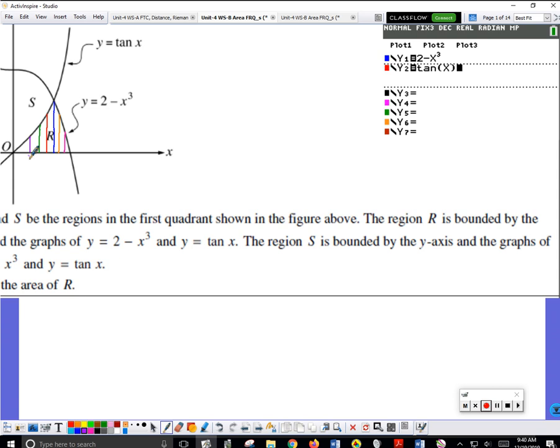To make the problem a little easier to discuss and to also prevent mistakes, write on your paper, very top here, f of x equals 2 subtract x cubed. And then write below that g of x equals tangent of x.